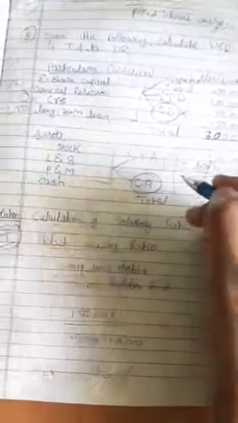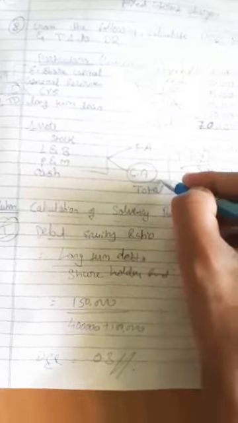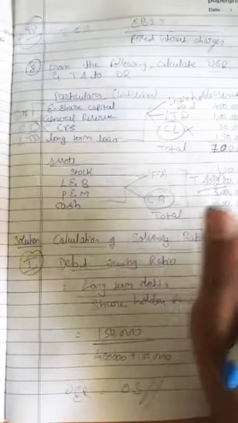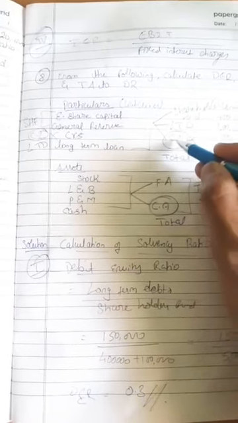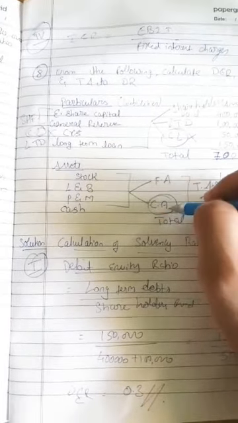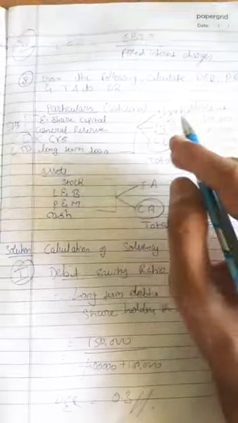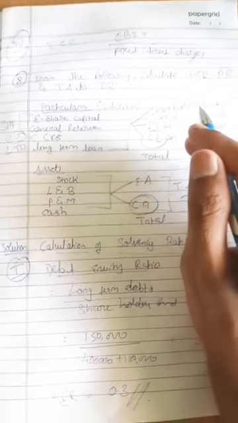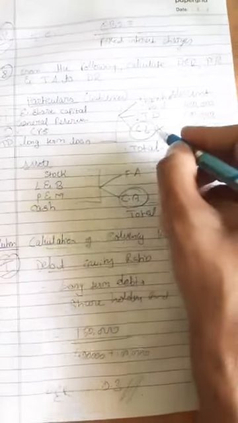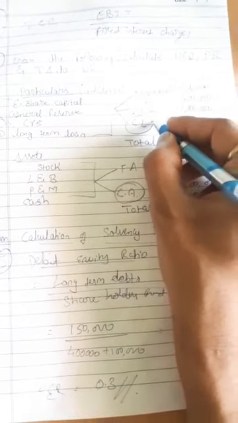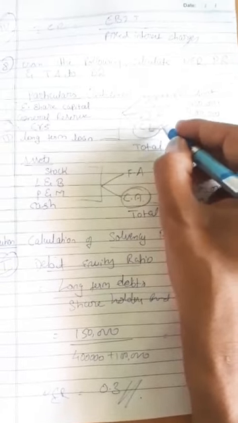But now we need to know the total assets, which is a mix of your fixed assets as well as current assets. Make sure, out of these 5 classifications, current liability and current assets were used for the first calculation, that means liquidity ratio. But in order to calculate your solvency ratios, we are going to ignore only the current liability.